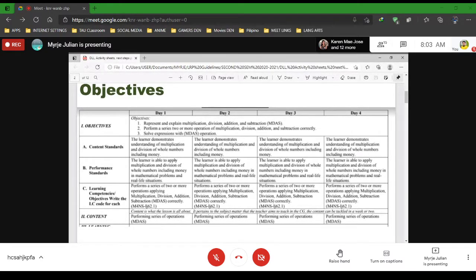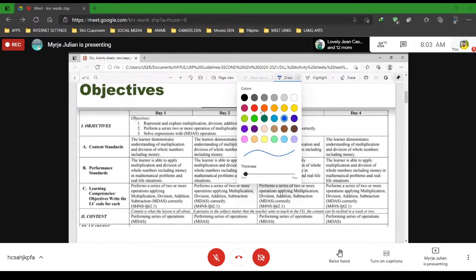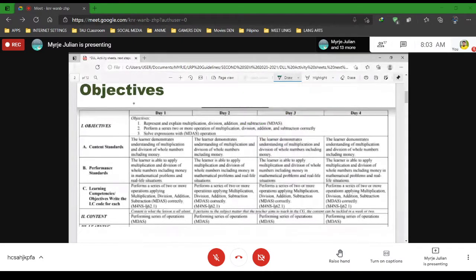Actually, kayo yung magsusulat or mag-create ng sarili ninyong objectives. Okay? So, madali bang gumawa ng objectives? Nadalian ba kayo? Or kamusta experience ninyo in terms of creating objectives?